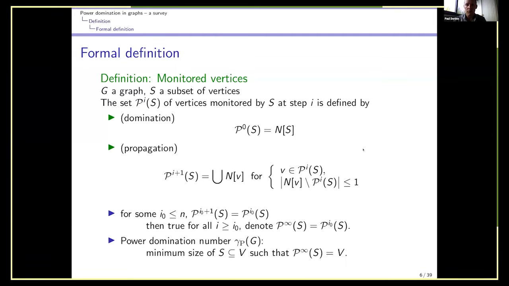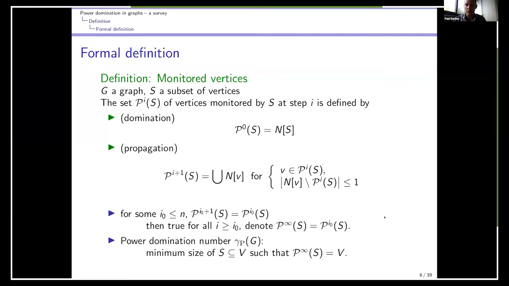And this definition, a bit more formal, is interesting for two reasons. The first one is that I can define the sets P^(i+1), and it may be easier for proofs then. And it's also interesting because later on I will think about generalizations of this problem.